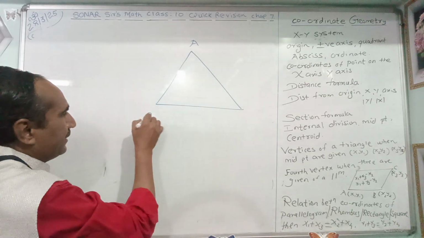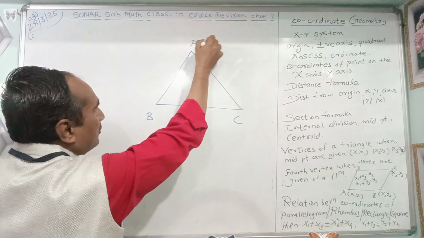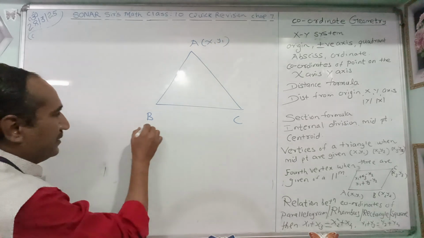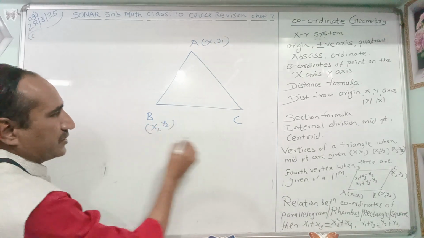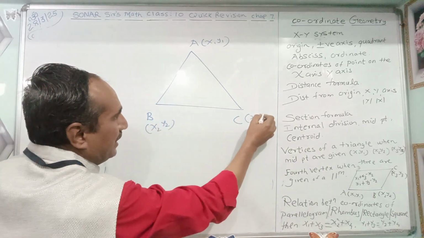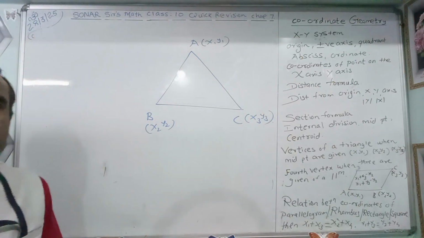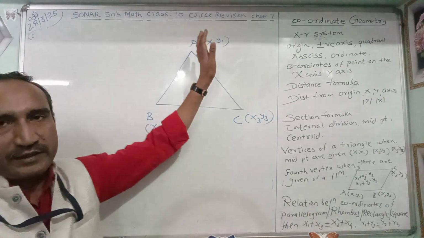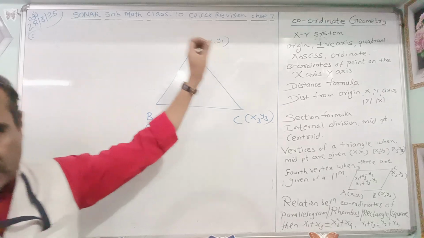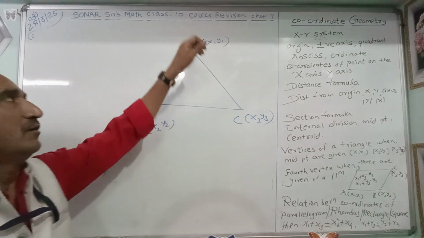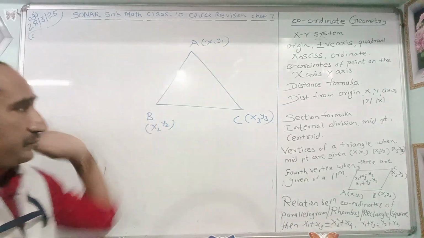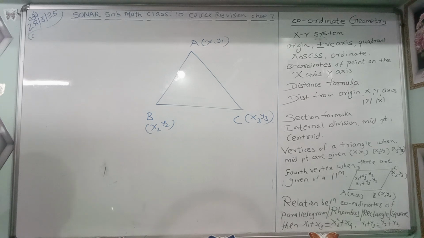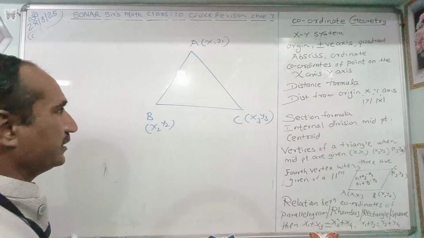Suppose this is triangle ABC. The coordinates of A are x1, y1, B are x2, y2, and C are x3, y3. These are the coordinates of the three vertices of triangle ABC.